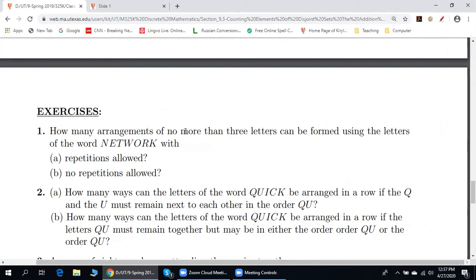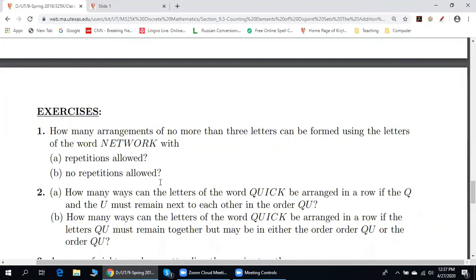How many arrangements of no more than 3 letters can be formed using the letters of the word network with repetitions allowed, no repetitions allowed? What do you think? 7 times 7. So, first of all, we use theorem 1, correct?